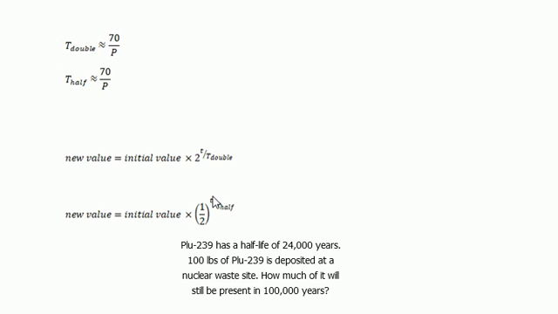That's the time period we're looking at. We want to know how much is still there after 100,000 years. And so it would be 100, that's how much we started with, times 1/2 raised to the power where we have 100,000 years divided by 24,000 years. And that will give us how much is left then.